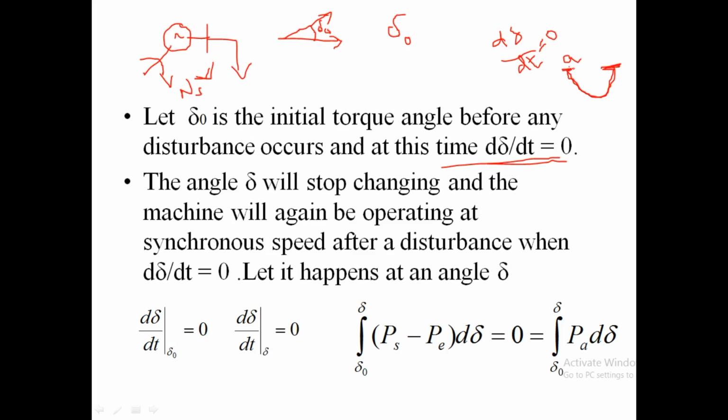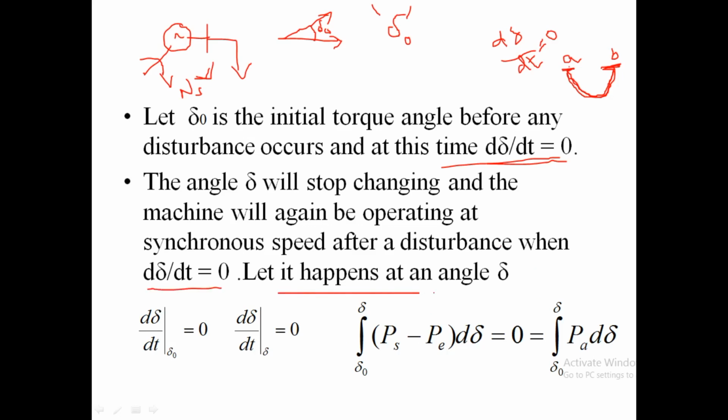At the beginning there was no oscillation at that position, and it is oscillating, and it reaches here at B. At B again there is no oscillation. Similarly, a synchronous machine starts to oscillate from delta 0. At that time d delta by dt equals 0, and it oscillates, and after the first swing is completed, at the final position again d delta by dt equals 0.